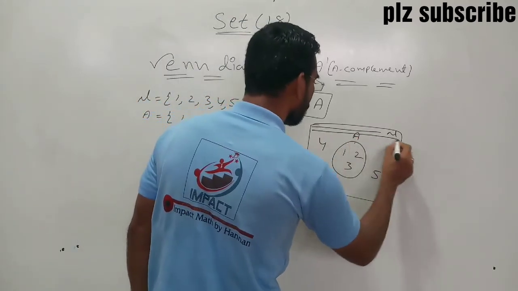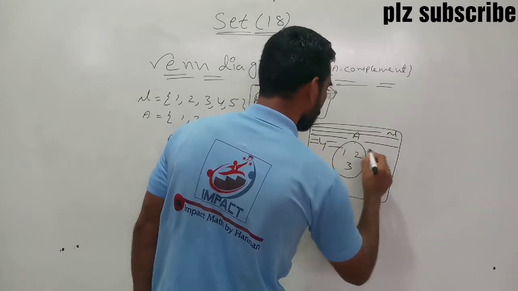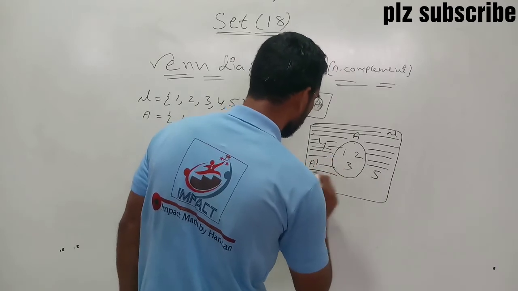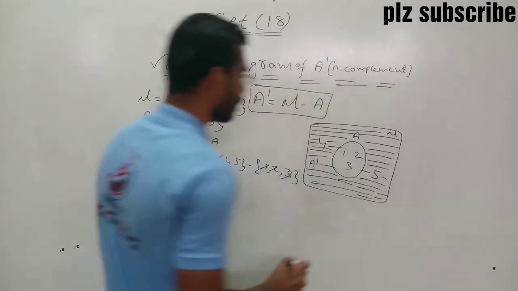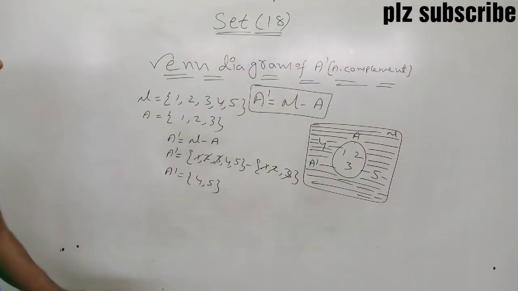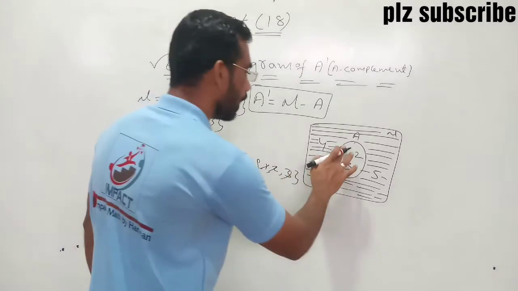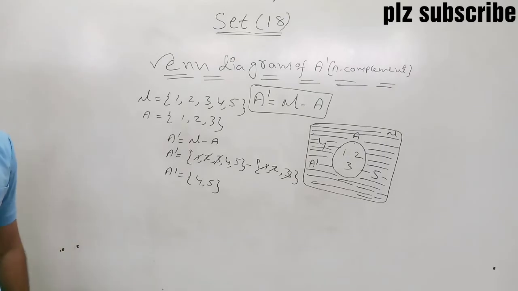Leave the A elements; this will be the A complement. What is there in A complement? 4 and 5. And this is the Venn diagram of A complement.